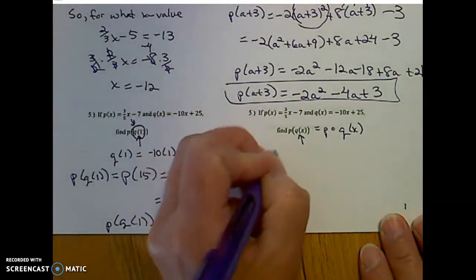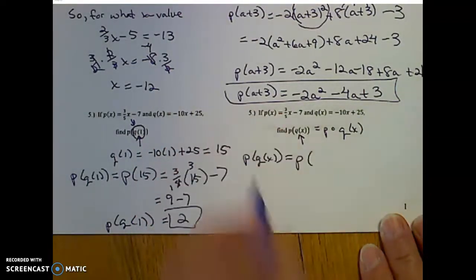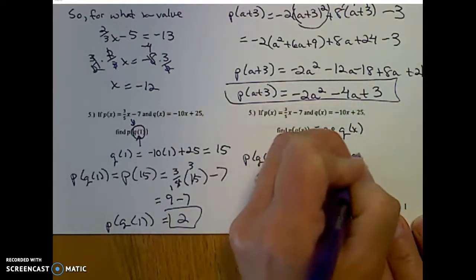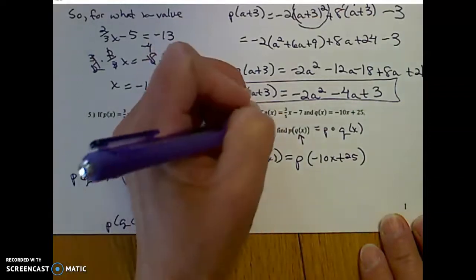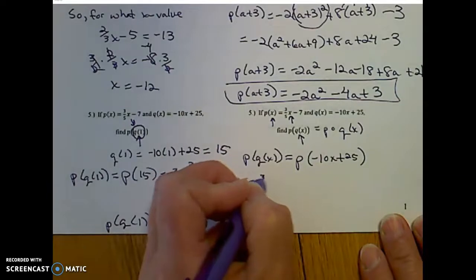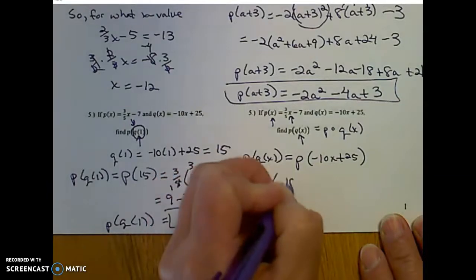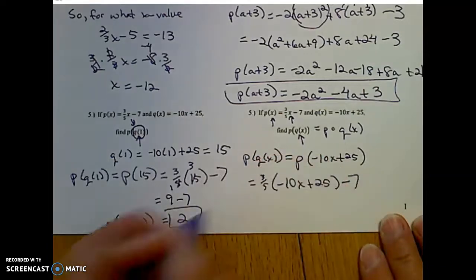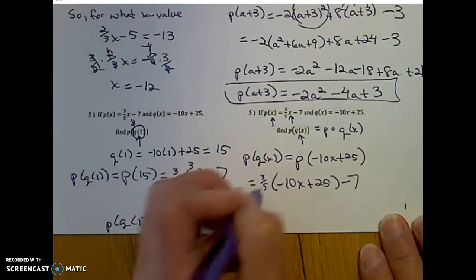So p of q of x is the same as p of q of x, which is negative 10x plus 25. And now I plug that whole function into p of x, which becomes 3/5 of negative 10x plus 25 minus 7. So what is that?